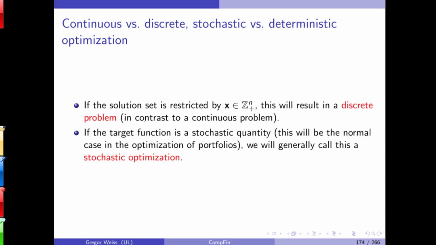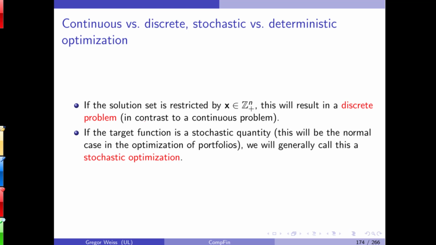And discrete problems, this is again quite interesting. One would think that if you reduce the number of possible solutions by taking, instead of the real numbers, the discrete numbers, this would simplify optimization, but in fact it makes optimization a hellish endeavor, and it creates a lot of problems because you cannot simply buy 1.5 stocks.